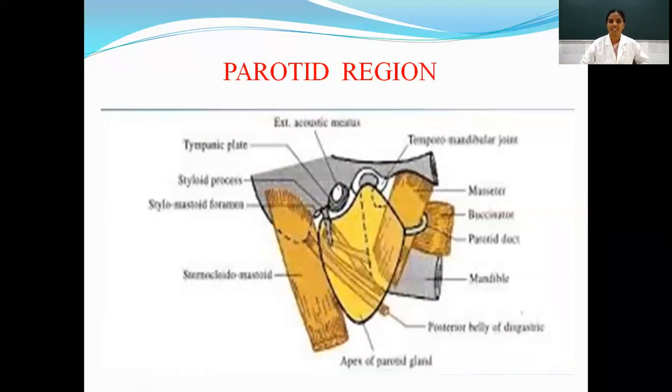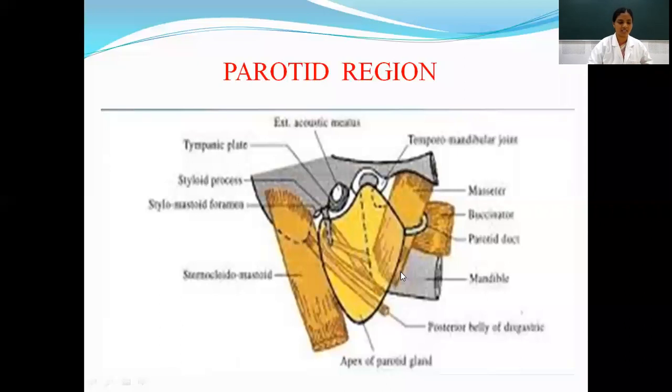Coming to the parotid region. Parotid means just a bit aside, adjacent to the oral cavity. Now, if you see the boundaries of this parotid region, what are the boundaries?